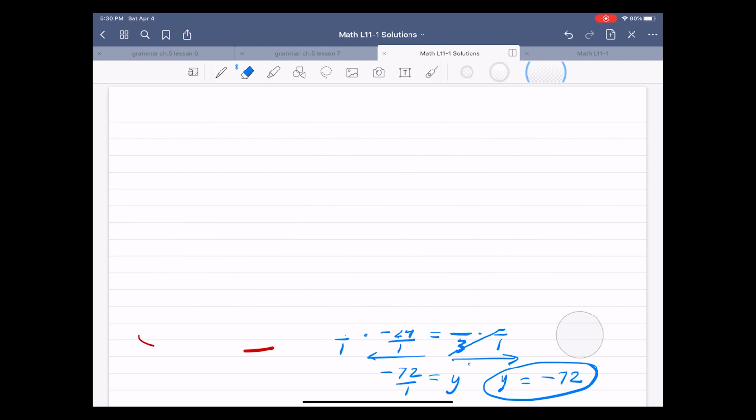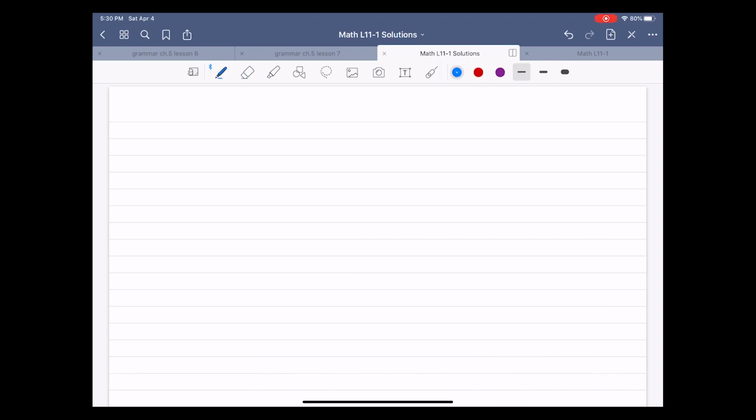Number 19, we're coming into the home stretch. Number 19. m over negative 7, m divided by negative 7 minus 14 equals 2. Rewrite your problem.